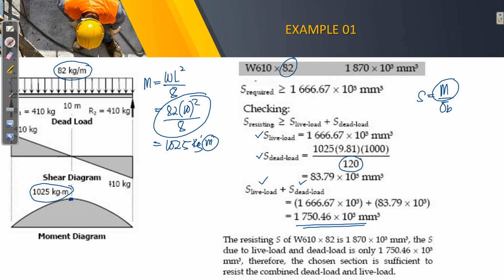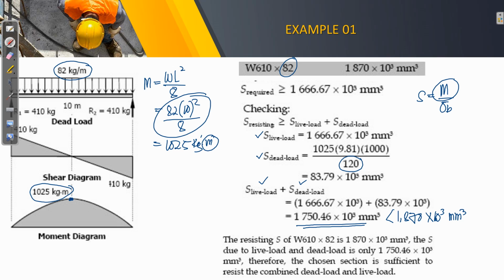And your selected section is still greater than the actual section modulus of your beam itself. Okay, so therefore your chosen section is safe to carry the loading, okay, aside from the self weight.